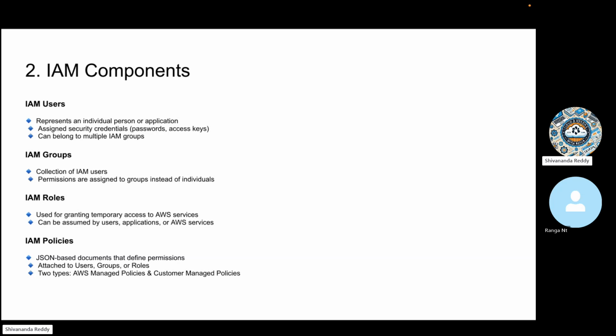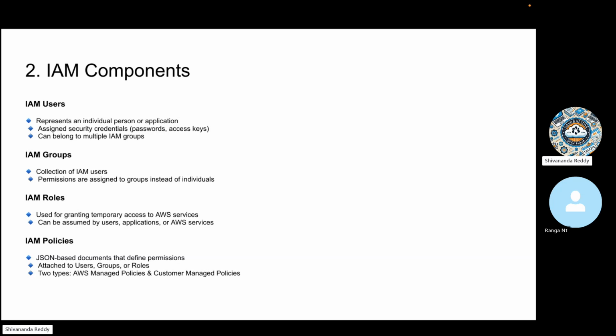In such a case, instead of granting permissions person by person, you create a group, grant the permissions to the group first, then add everybody who fits that group. You no need to manage the permissions individually.